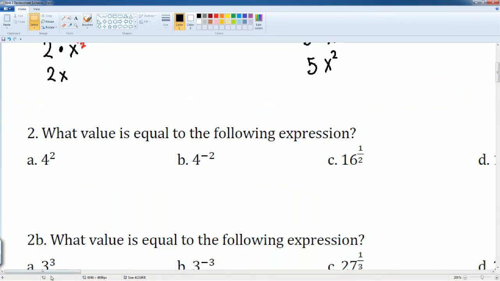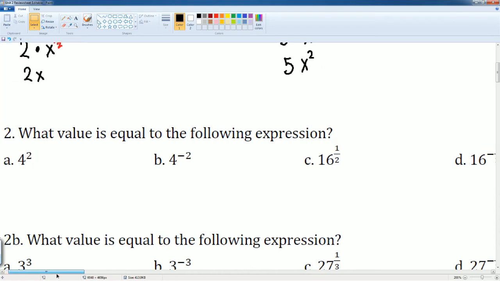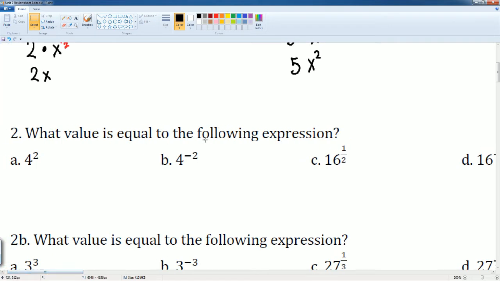Now we have these expressions here, and they're asked which value is equal to the following expressions. Well, let's just plug this into the calculator. If you plug in 4 squared into the calculator, you're going to get 16. If you plug this into the calculator, you're going to get a weird decimal. So what you need to do is think about how to turn this into a positive value. We know that this is really over 1, and this is a negative exponent.